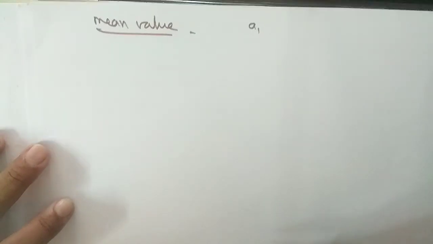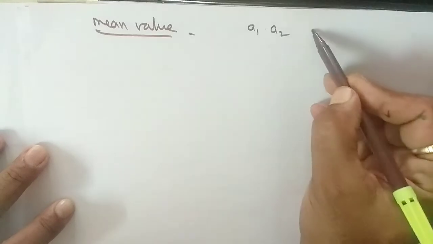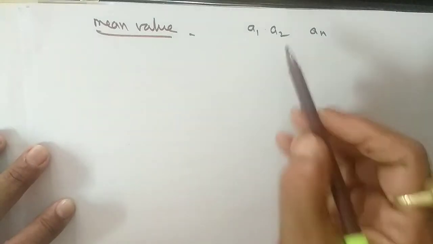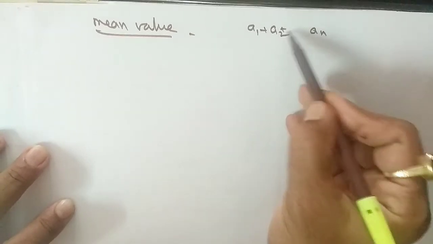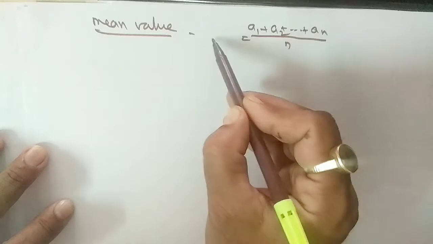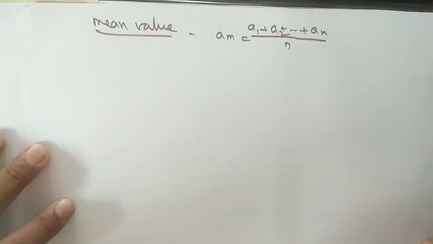Mean value means, suppose the reading of the first observation is A1, the second observation is A2, and suppose you are taking n readings. The average of all these values, divided by n, is known as the mean value of the observations.